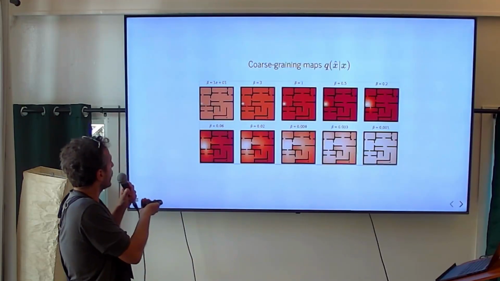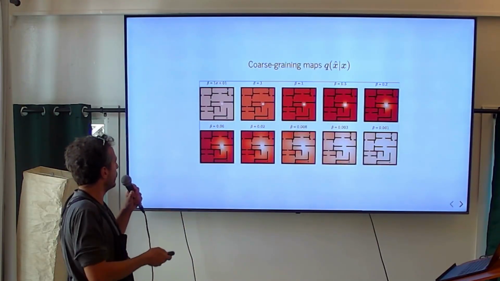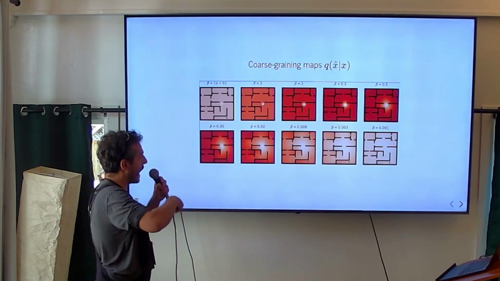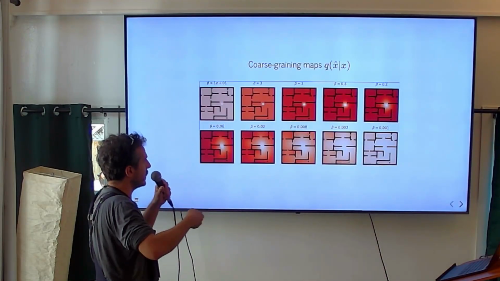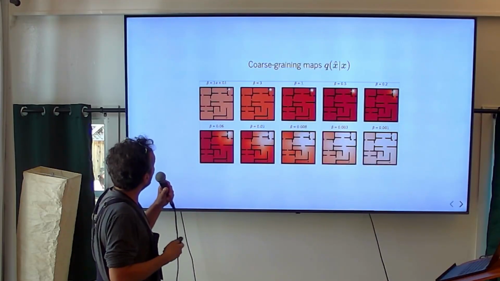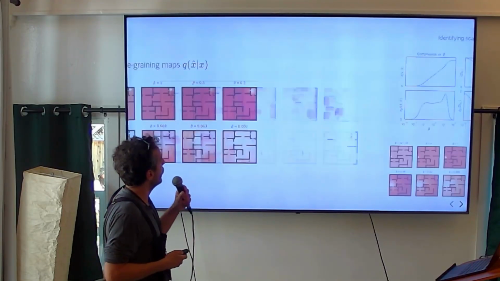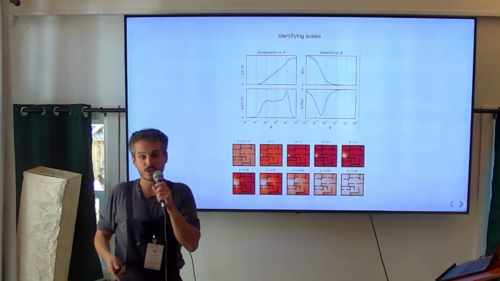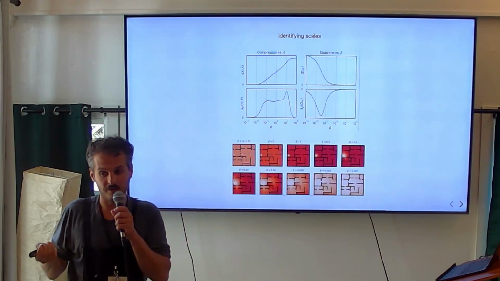We can compute this for a few different starting locations. We see how this renormalization or coarse graining proceeds. One thing we can also do is compute how the compression and the distortion depend on this beta, on this trade-off parameter.